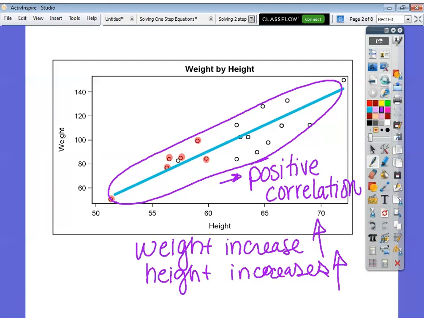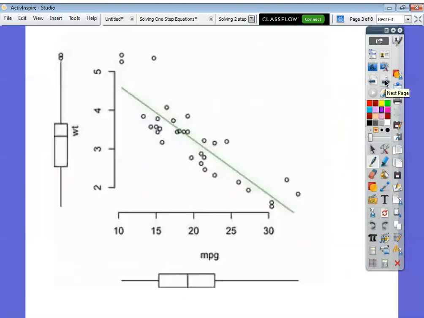Now if you look at this one, it looks like weight and miles per gallon. Maybe this is what truckers use. I know my parents drive a fifth wheel, and the more the fifth wheel weighs, the worse gas mileage they get. That's what this says.